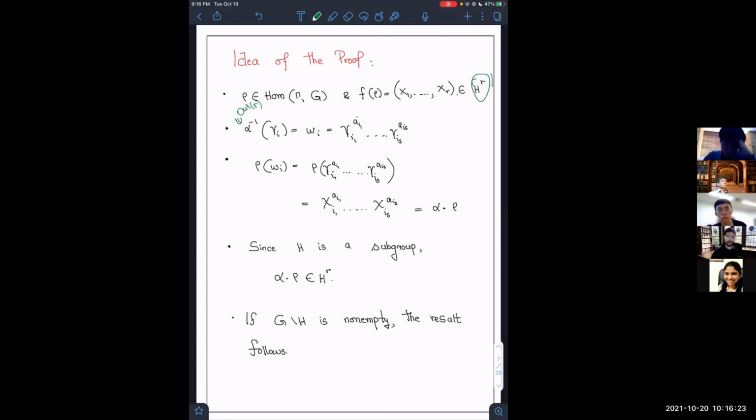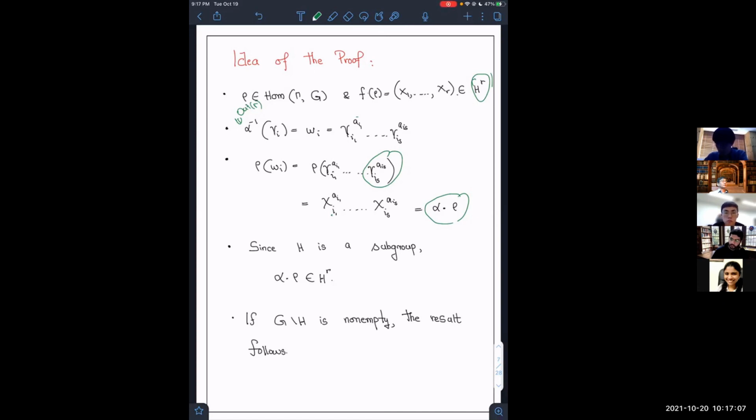When we apply rho to the word w_i, since rho is a homomorphism, it's just rho of gamma i_1 to the power a_1 up to rho of gamma i_s to the power a_s, where each image of rho is just the x_i's. So this is the image of the action under alpha, which lands in H^r again. This means we are never going out of the subgroup H.